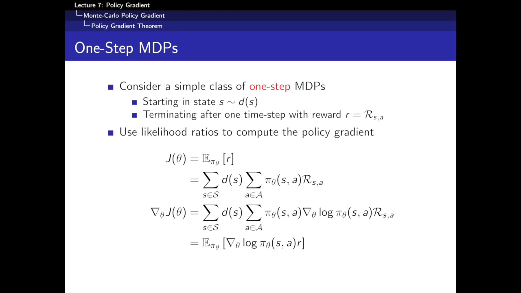The score tells us how to adjust our policy to get more or less of something, and the reward tells us whether it was good or bad. If you have a really big positive reward, you want to move more in the direction that gets more of that thing. If you have a really large negative reward, you want to move in the opposite direction to your gradient.